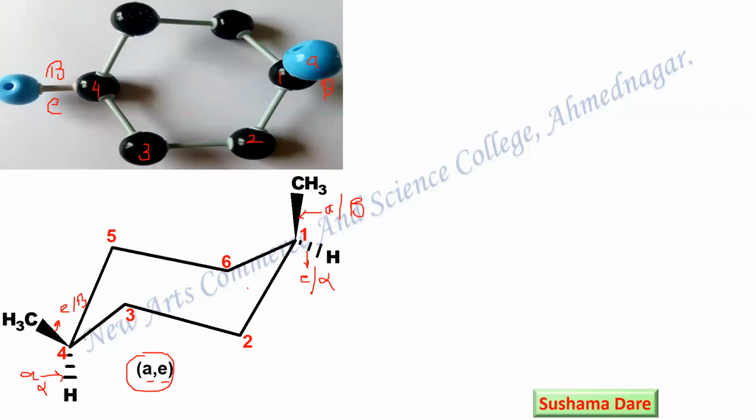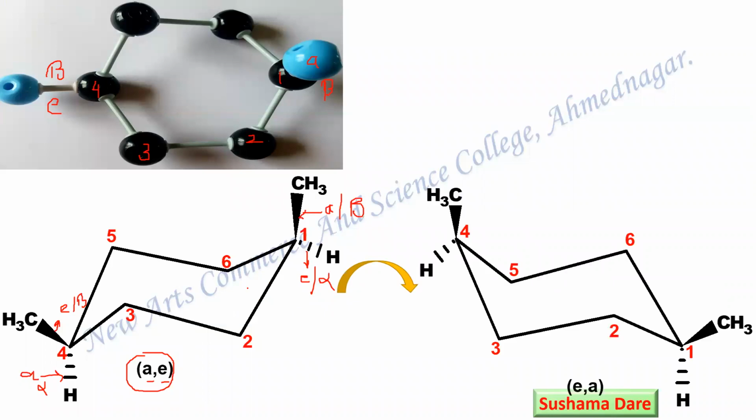Now, as I already explained, if you draw one chair, don't forget to draw the flip structure of the chair. After flipping, number 1 goes down, and number 4 goes to face in the upper direction.